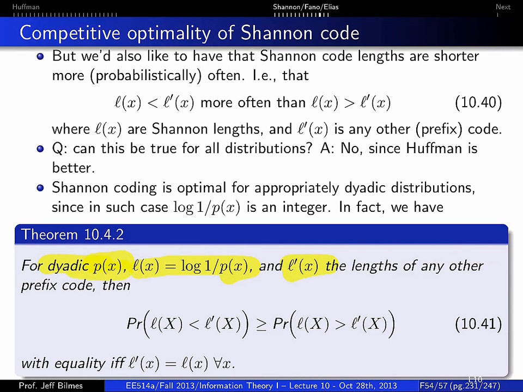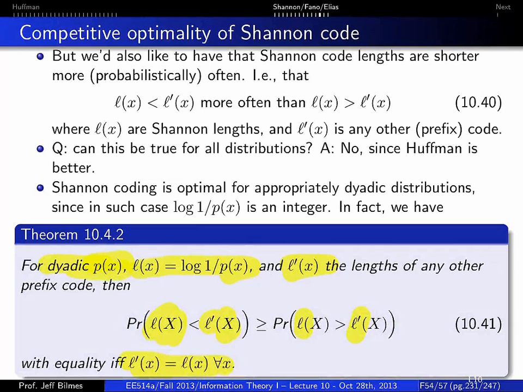Then what we can show is that, since X is a random variable, the probability that L is less than L prime is greater than the probability that L is greater than L prime. So it's more probable to be shorter than it is to be longer. And it's only equal if for all x the two lengths are the same.